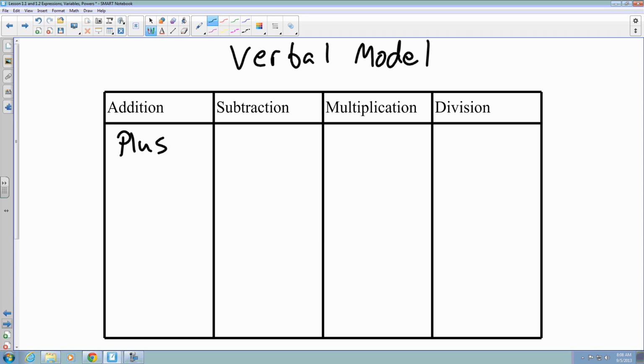Another one would be the sum of. Another one would be increased by. And another one would be, let's say, total, more than, added to.